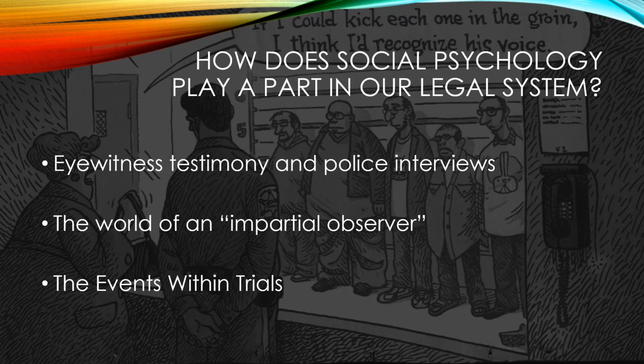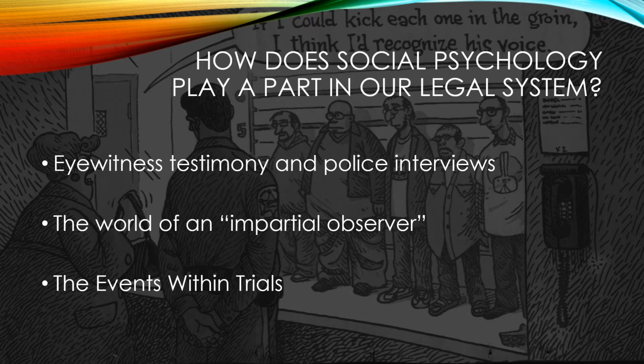We're going to start our focus on the topic of eyewitness testimony and also something oftentimes paired with it, police interviews, either interviews of eyewitnesses or potentially, as your book talks about a lot, interviews with potential individuals who could have committed specific types of crimes. After we look at that specific topic, we're going to talk about observers and how they can be impacted either in the trial or just when trying to understand what happened in a case.